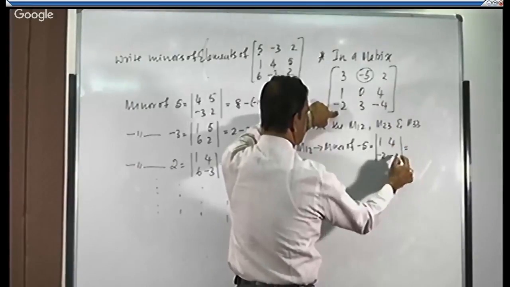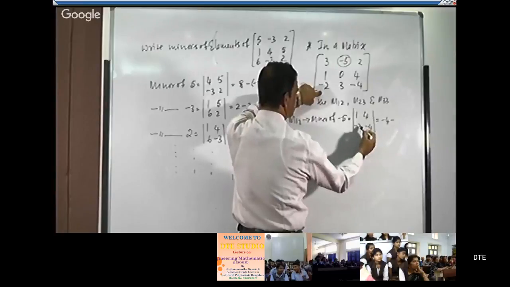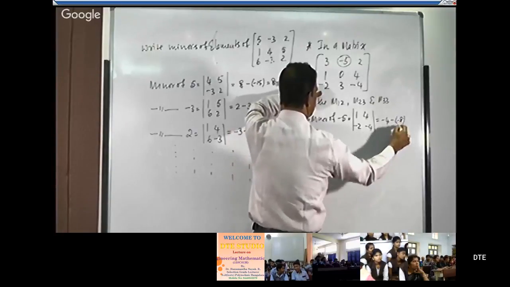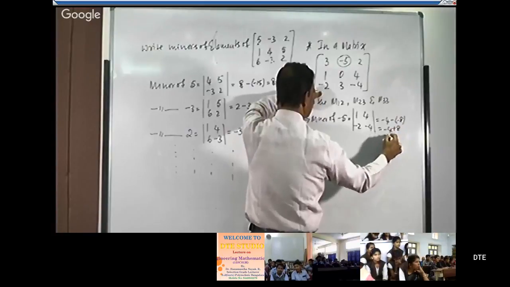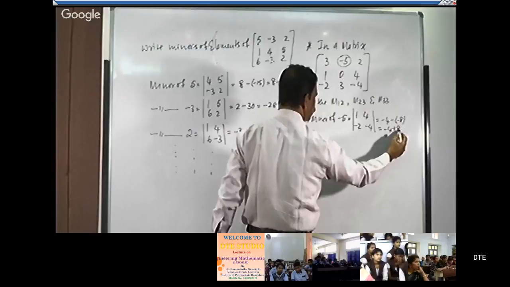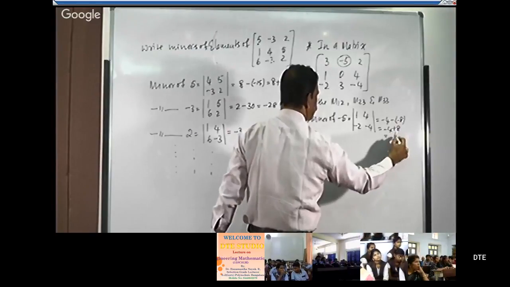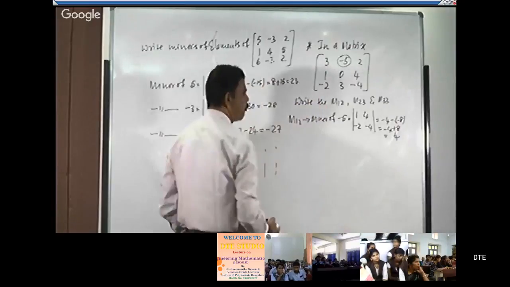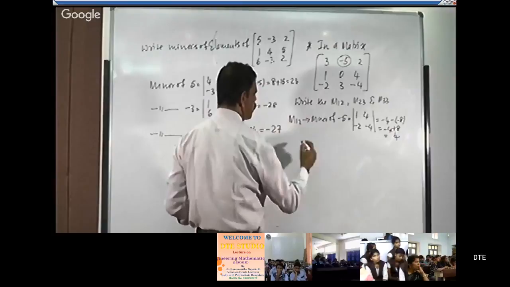Expand this: 1 into minus 4 is minus 4, and 4 into minus 2 is minus 8, so minus 4 minus of minus 8. Minus into minus is plus 8. So one is a negative number, the other is a positive number, hence we have to take the difference. 8 minus 4 is 4. We should take the sign of the bigger number, that is plus, so 8 minus 4, answer is plus 4.